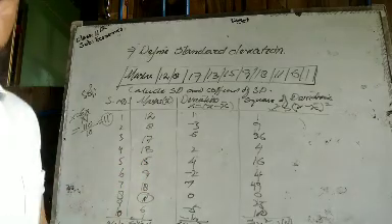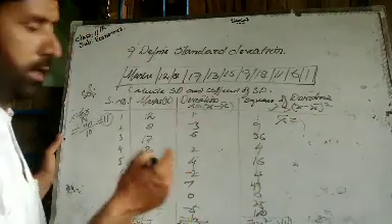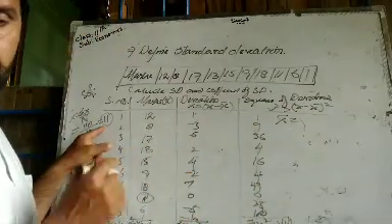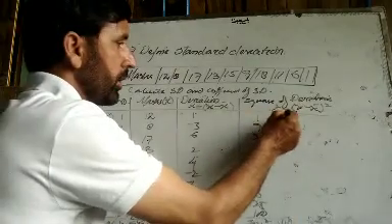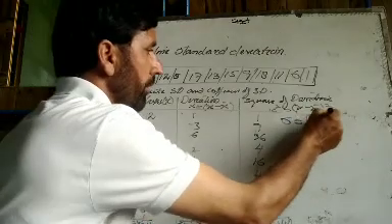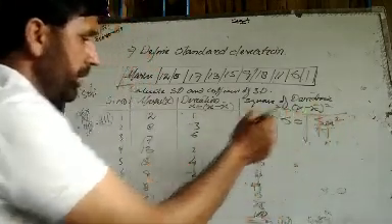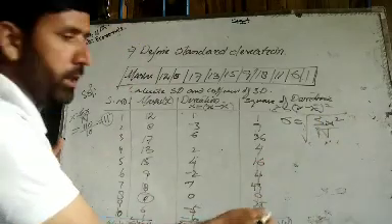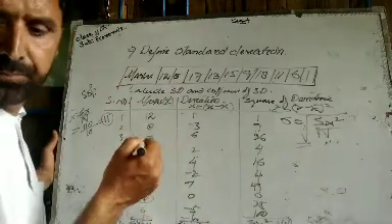Now we calculate. We first find the mean, that is equal to 11. Now we find the standard deviation: sigma is equal to square root of sigma x square upon n, and sigma x square is equal to 244.